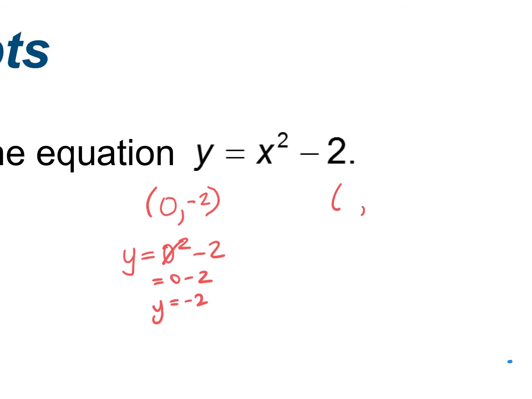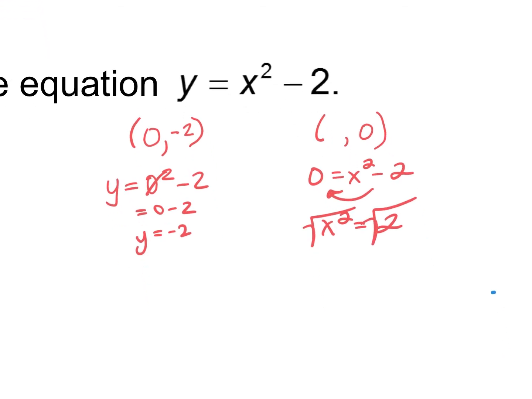Now, if I'm going to find the x-intercept, that means I'm plugging in 0 for what letter? For the y. So I'm going to put 0 here and say 0 equals x squared minus 2. Solve for x. You would move 2 to the other side, so this becomes x squared equals 2. Then you would take the square root.